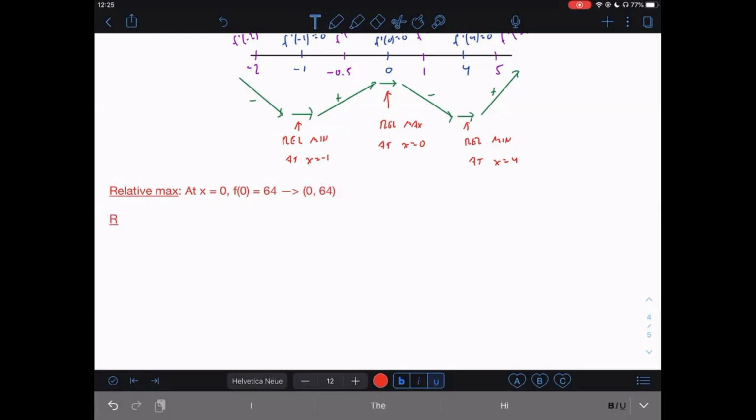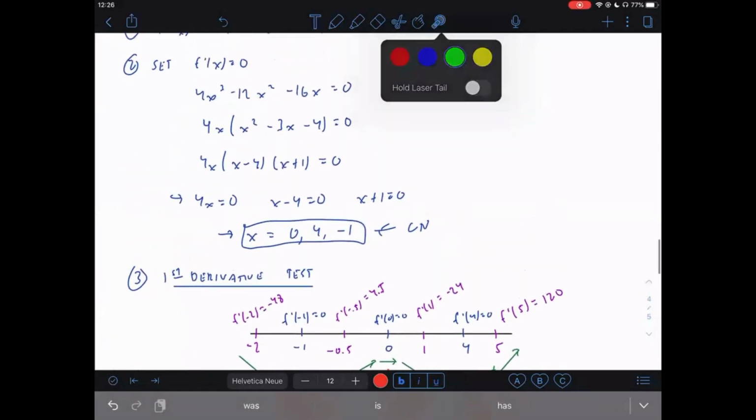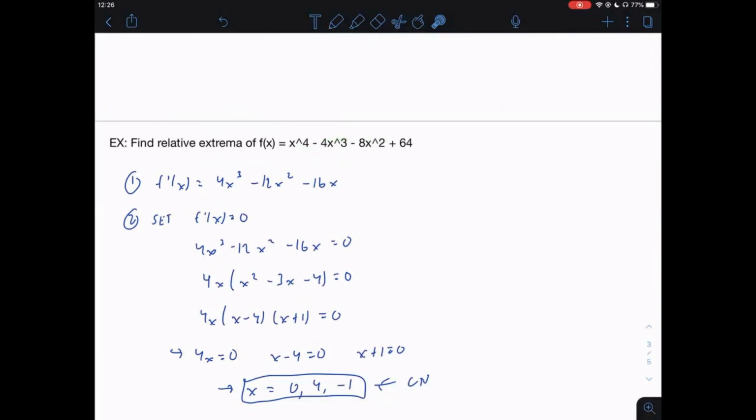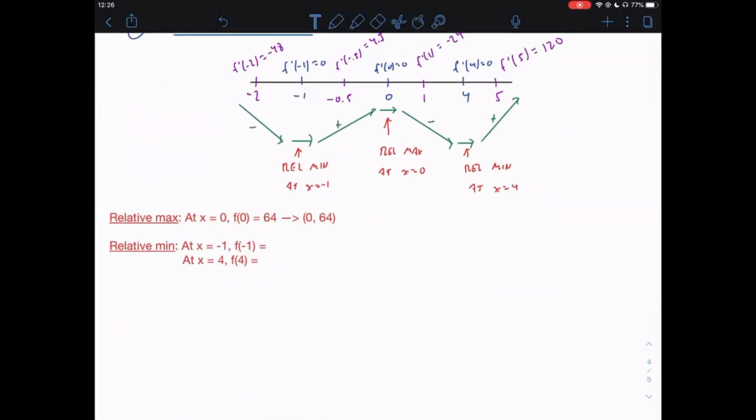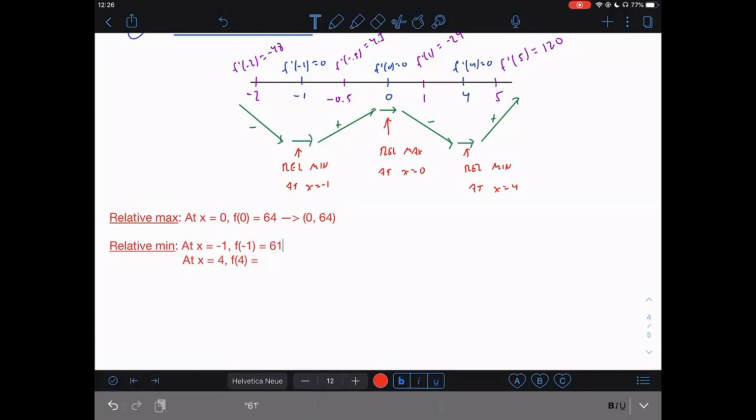Now for the relative minimum, we had two of them. We have one at x equals -1, and the other at x equals 4. So to find the actual values at those minimal points, we're going to plug these two critical numbers into our original function, so f at -1 and f at 4. And if we evaluate that correctly, we get values of 61 and -64 respectively.